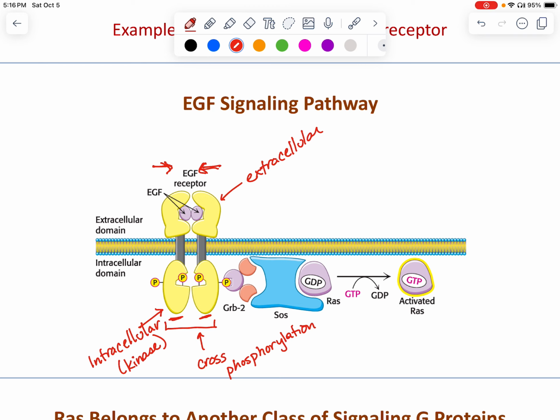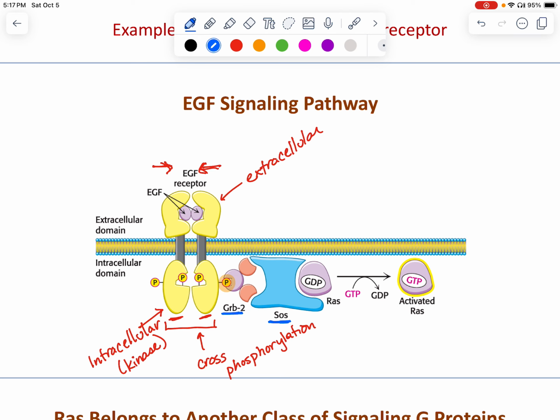Now take a look right here at this little phosphate group. It turns out that that provides a binding site for this small GRB2 protein. And when that happens, that sets up a conformation change in this little protein that makes it an ideal binding area for this SOS protein.